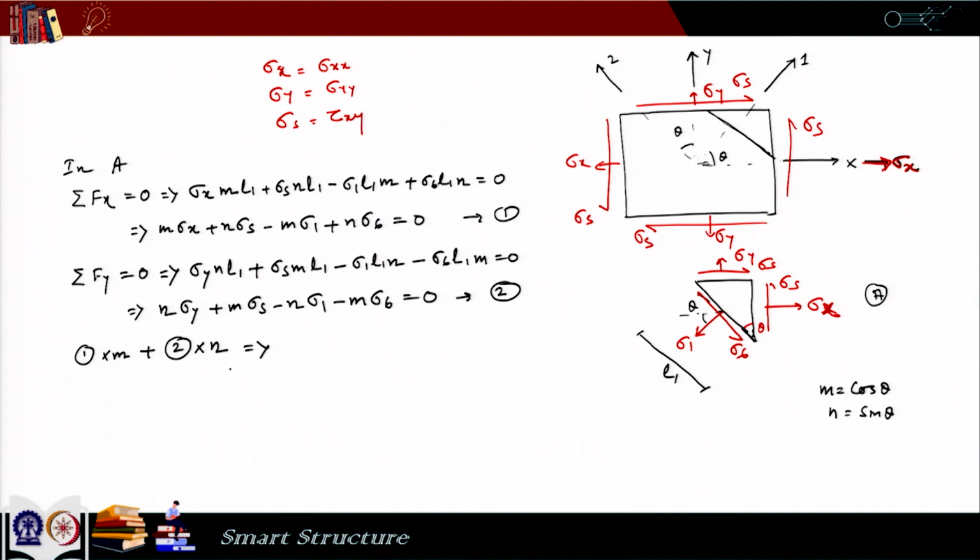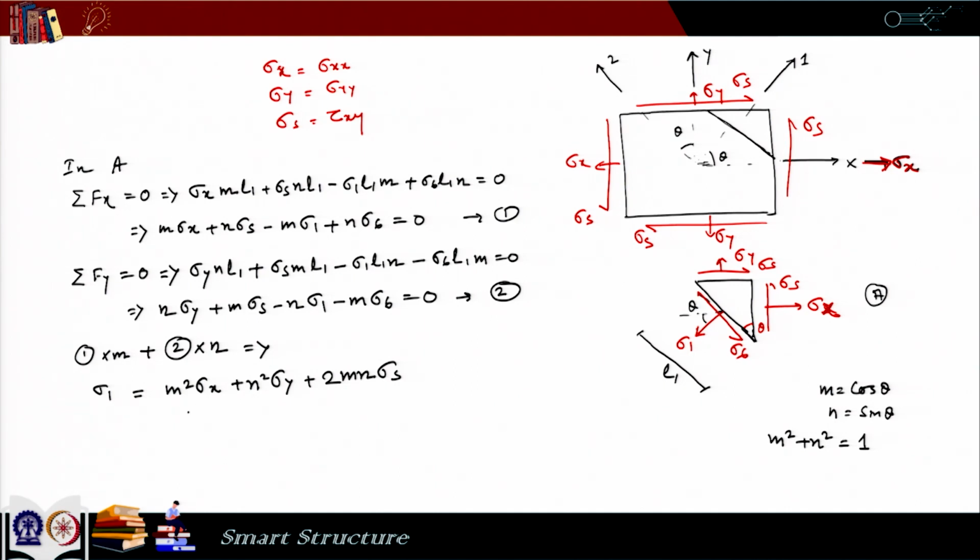That would give us sigma 1 equal to m square sigma x plus n square sigma y plus 2 m n sigma s. Now, our m is equal to cosine theta and n is equal to sin theta, so m square plus n square equal to 1, and using this we get it.